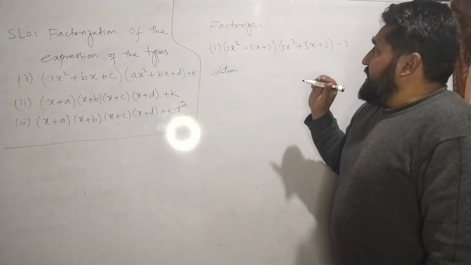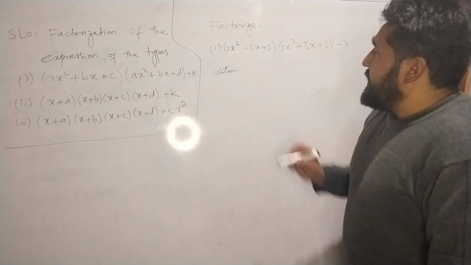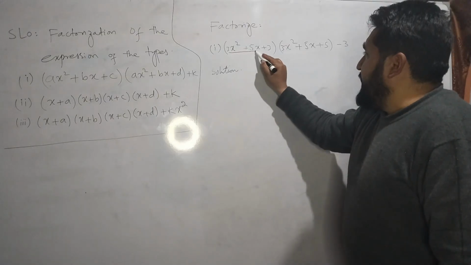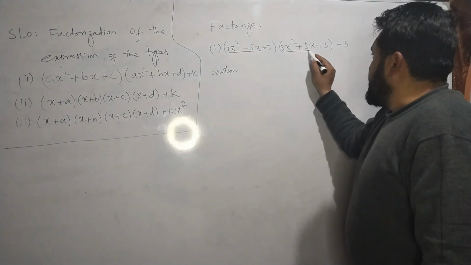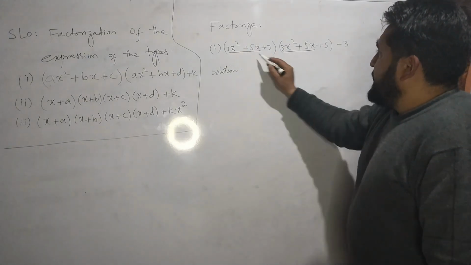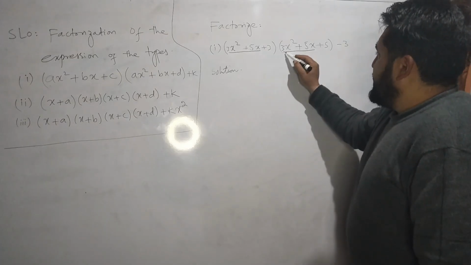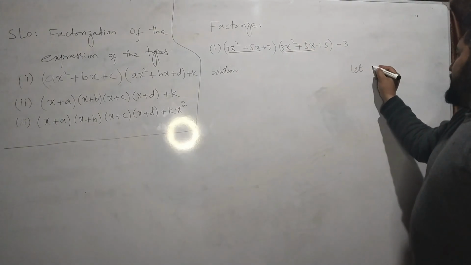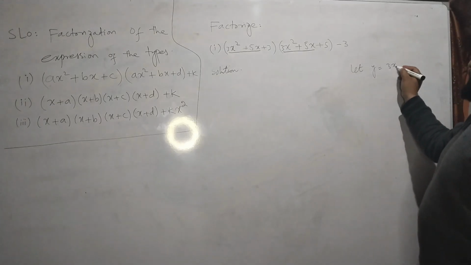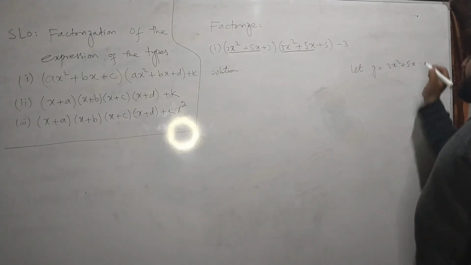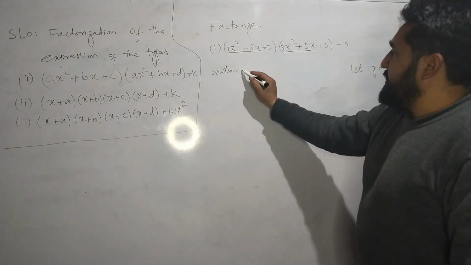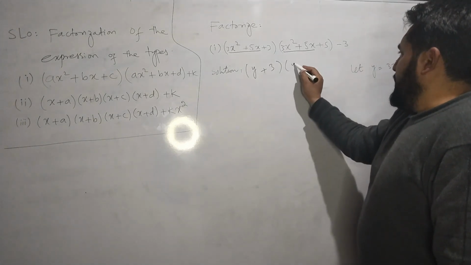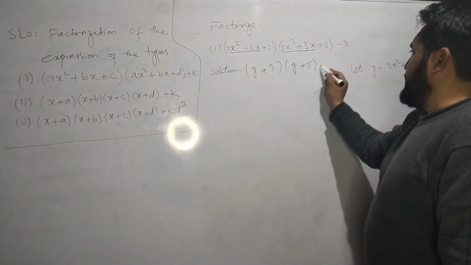Okay, now for such questions, just identify the same terms. 3x square plus 5x is here, 3x square plus 5x is here. So we just let y equal to 3x square plus 5x. So we just put here y plus 3, y plus 5 minus 3.